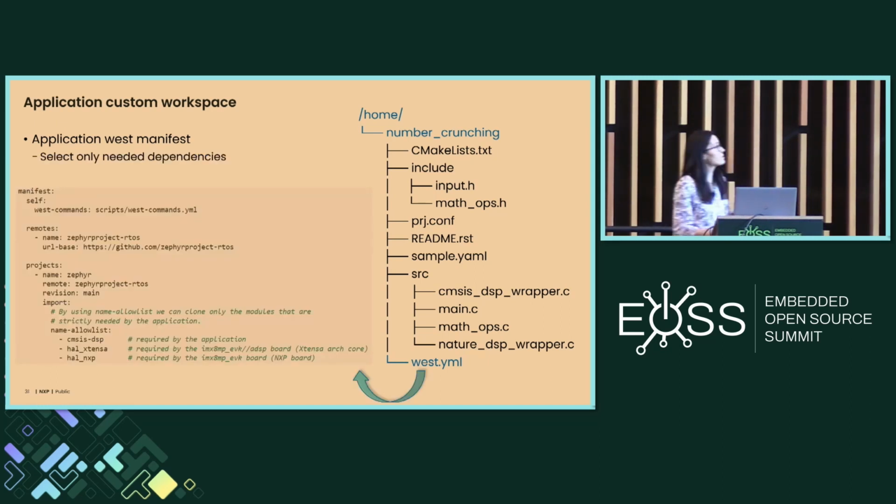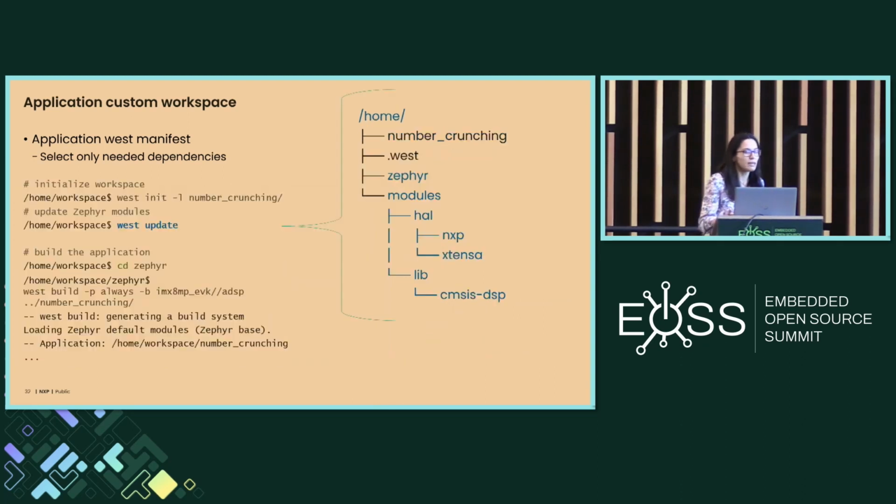So this is an example of how our west.yml will look like for this particular sample. So we only need the CMSIS DSP, the Xtensa HAL, and NXP HAL, and we are going to mention this using name allowlist. And for the Zephyr repository, we're going to use the main branch. So that's about it. Why should I bring all the dependencies from Zephyr if I need only these?